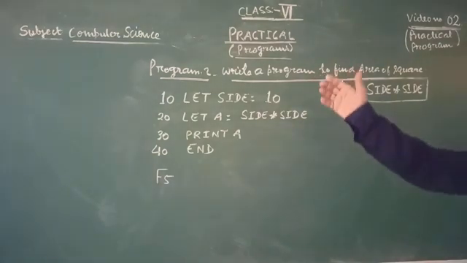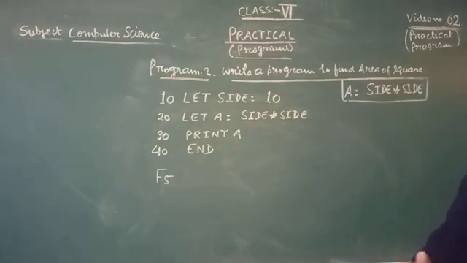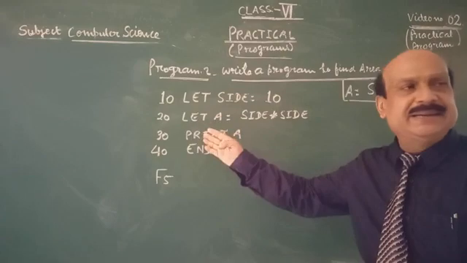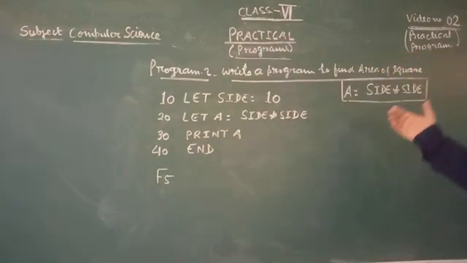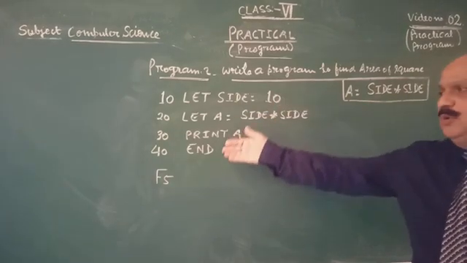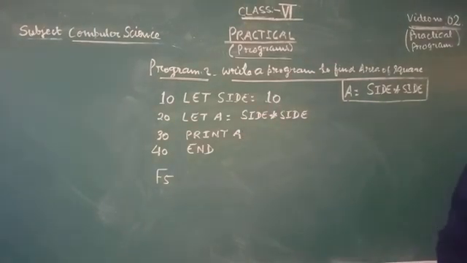Nothing you have to learn, only you must know the formula, and with the help of the line number and the let statement, you just have to input the formula. According to the formula you input one by one and you can get the result. This is the second program: write a program to find the area of a square. Clear?